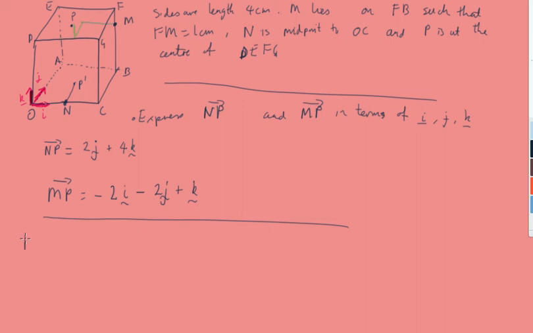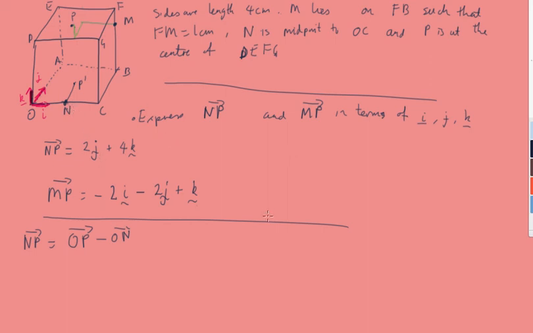So if you think about it, NP is going to be OP minus ON, which then brings us back to N.